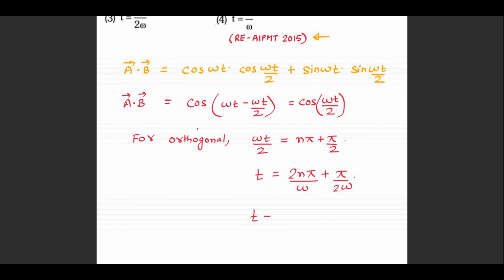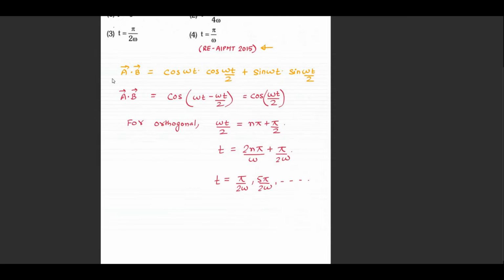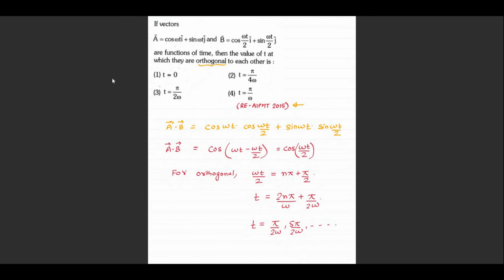So on putting the values, we will find t will take values like pi by 2 omega, 5 pi by 2 omega, and so on. If we look at the options, it then matches with option 3, right? So these were some previous year questions that came in medical exams, right? Thank you everyone.